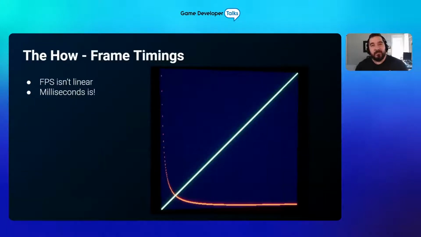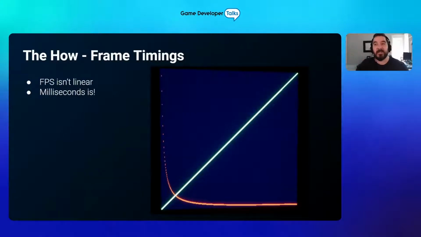But the timings coming out of Unreal Insights aren't going to be frames per second. It's going to tell us how long it took a frame to render. That's just a raw milliseconds value. I generally dislike using frames per second as a basis of comparison because the difference in how long a frame is depends on how many were rendered in a second. So if I tell you that we got 5 frames back, that means something different if we went from 55 FPS to 60 FPS.